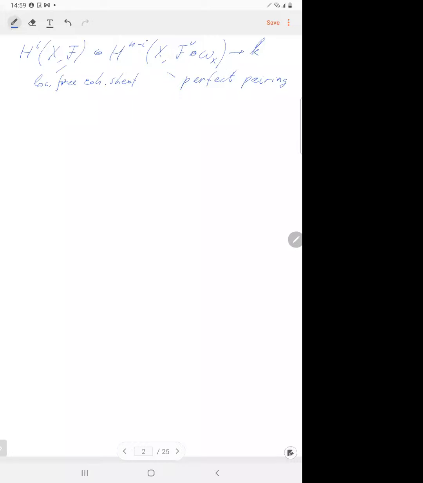And here this is called the canonical invertible sheaf.